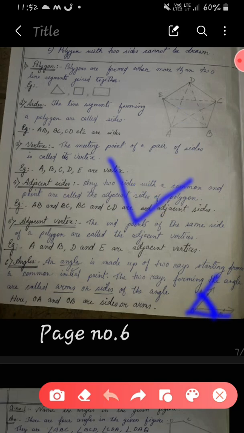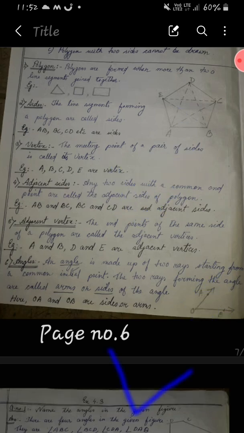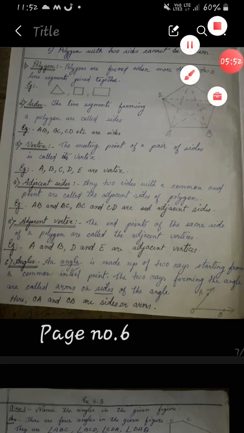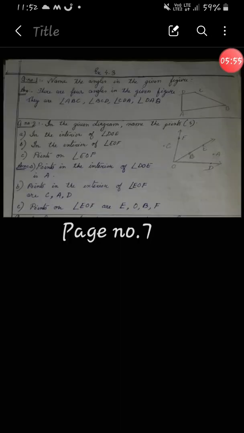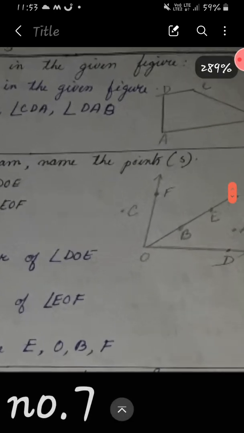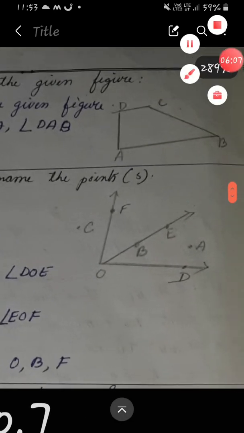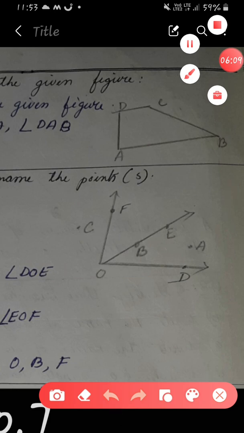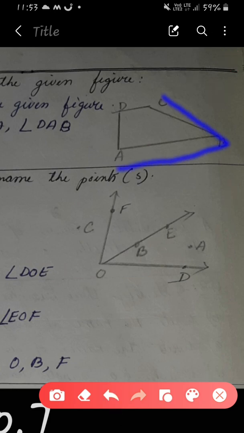Now we are going to start exercise 4.3. The first question: name the angles in the given figure. We have to name the four angles here. A, B, C form an angle.